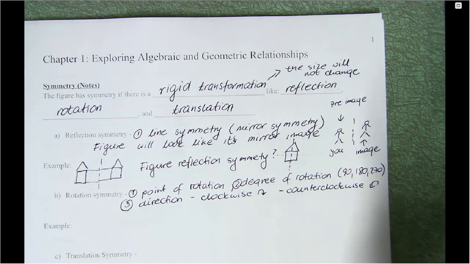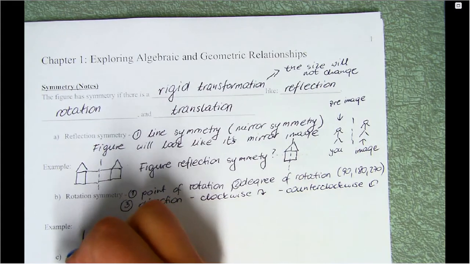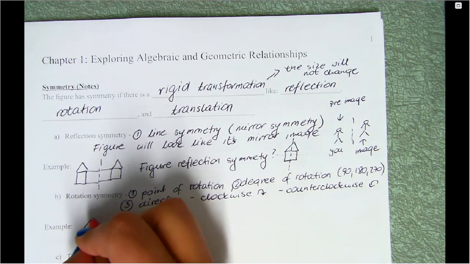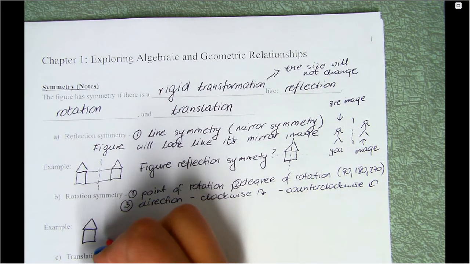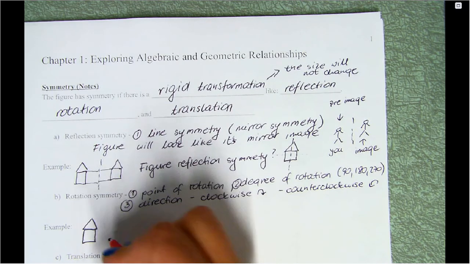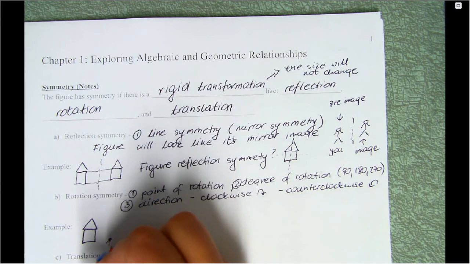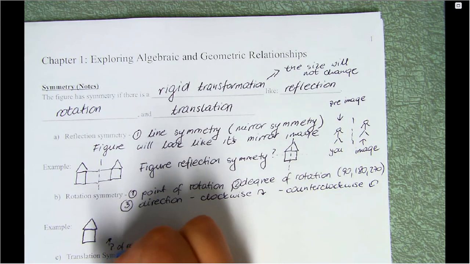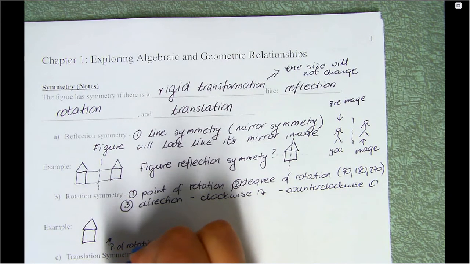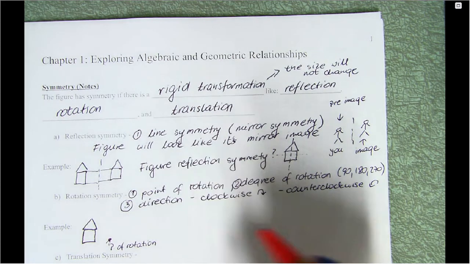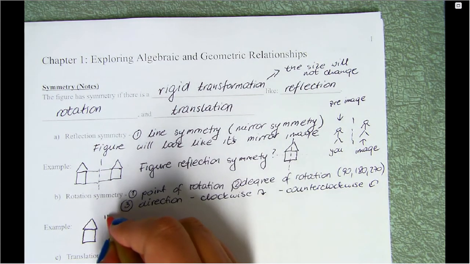For example, this is the simple rotation. I'm going to take my image and I'm going to say this is my point of rotation and I want to rotate it. This is the point of rotation. Okay, I want to rotate it 180 degrees and I'm going to say clockwise.